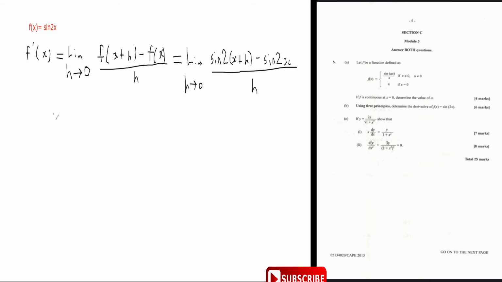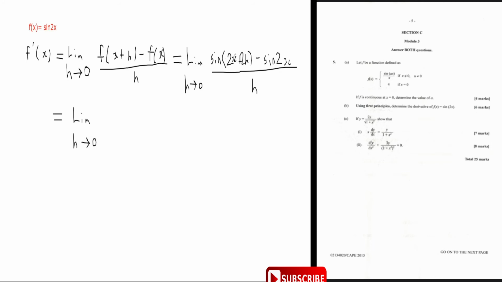So let's break that up now. That is equal to the limit as h tends to 0 of, now there are two ways I can do this. Now this sine of 2 times x plus h, I am going to rewrite right here as sine of 2x plus 2h, when you're expanding the 2.